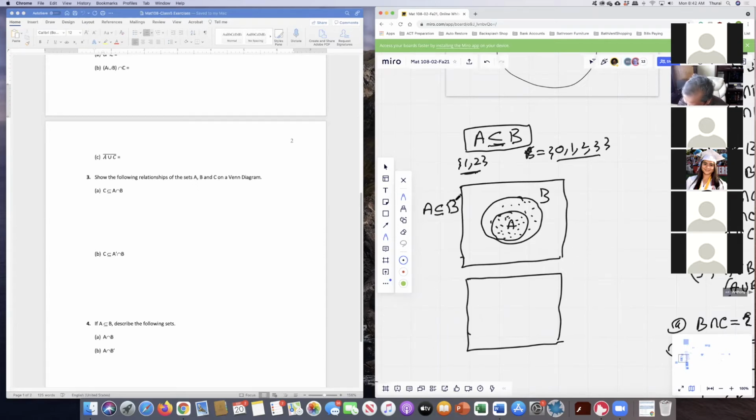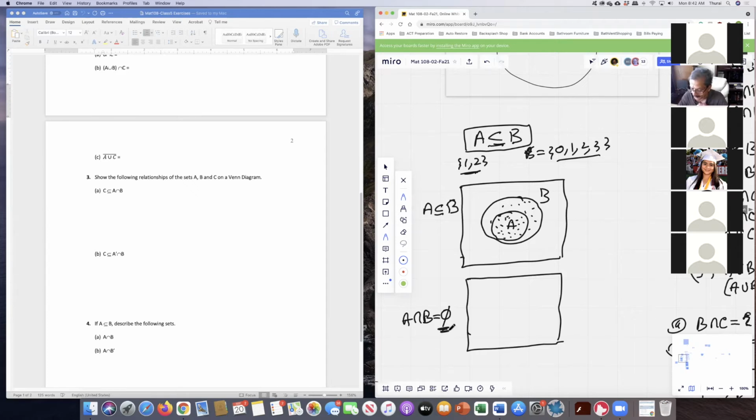Let me show you another Venn diagram. A intersection B is empty. Show this fact on the Venn diagram. If A intersection B is empty, what that means is empty. Phi represents the empty set. Empty set means a set containing nothing.